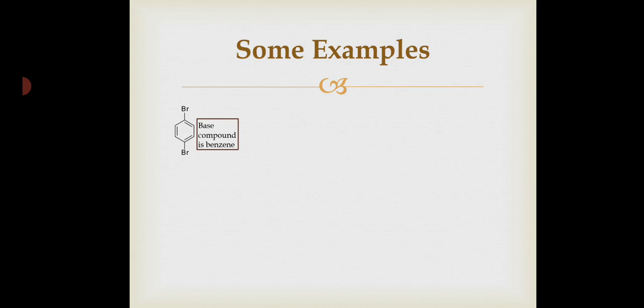So the base compound of this structure is benzene, and we have the 2 bromo groups. So we have to denote the position. Let's number one bromo group as 1, and so the numbering follows like this.